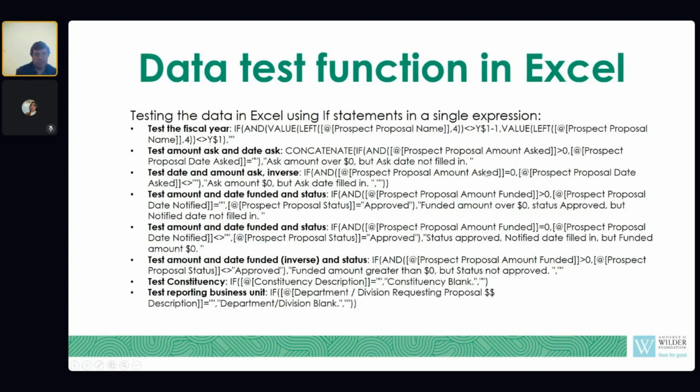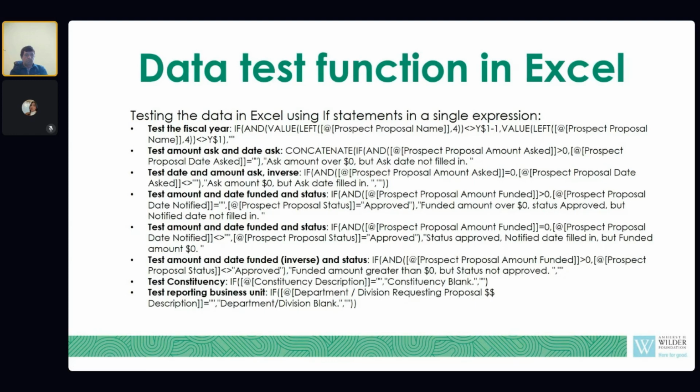The next test is to do the validation of that copy directory data, to look at those fields specifically that don't match, that are not logical expressions. And I'm not going to go through this step, but I do want to draw attention to some of the information that I have in bold that gives you an idea of what we're looking at. So first of all, we're testing for fiscal year. We're also testing for the amount asked and the date asked to see if one field's filled in but not the other. And then we tested in the inverse.